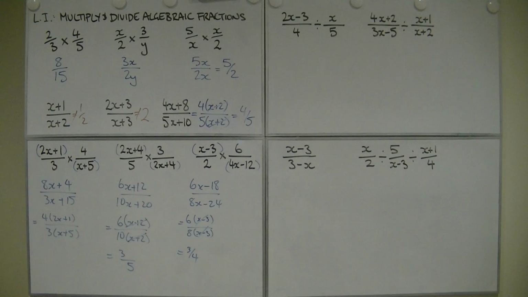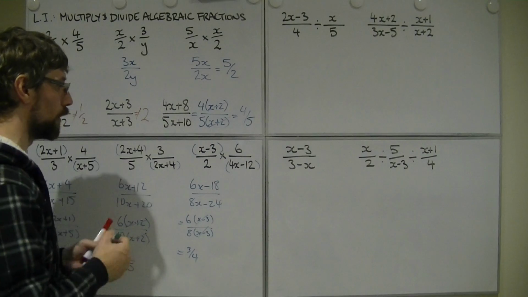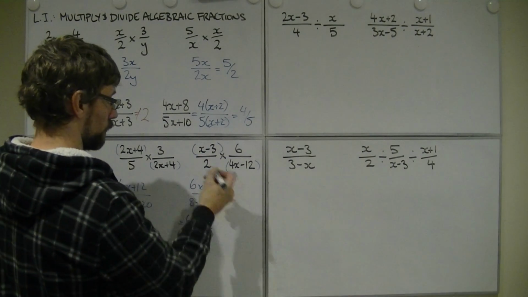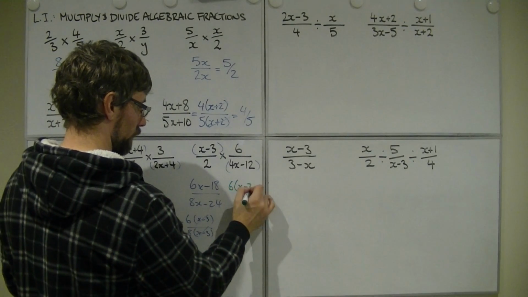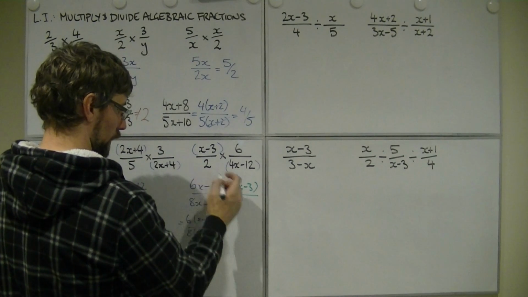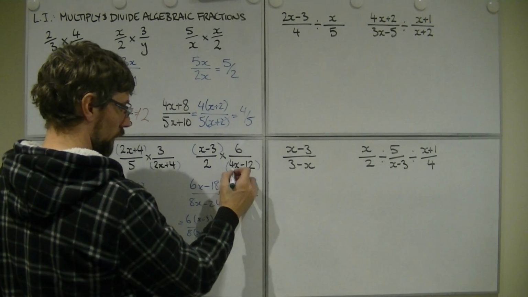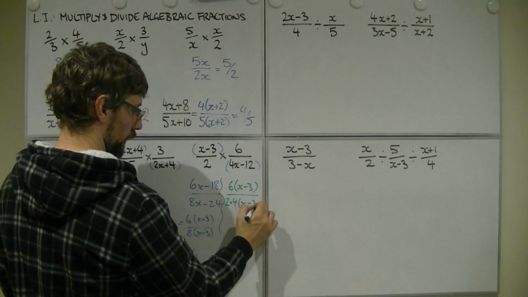So what happened there? Well, instead of doing it this way, another way you could have done it is to say, this top bit is the same as 6 lots of x minus 3. And this bottom bit is the same as 2 multiplied by, I can take out a common factor of 4 there, and then get x minus 3.